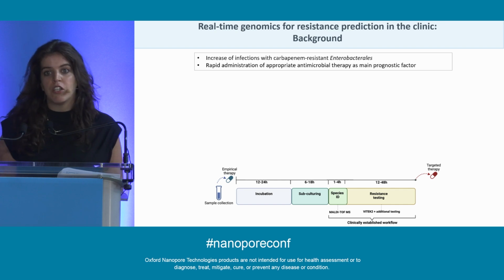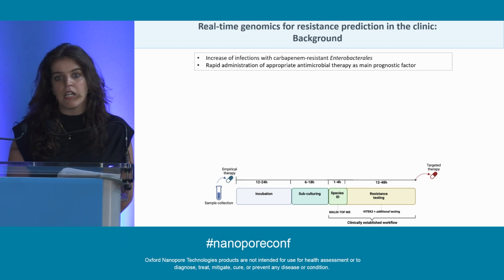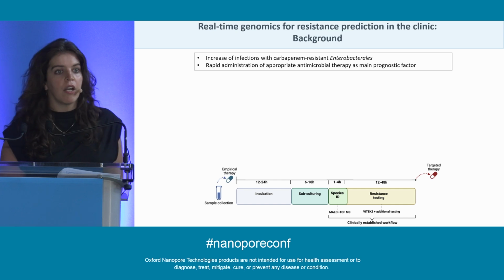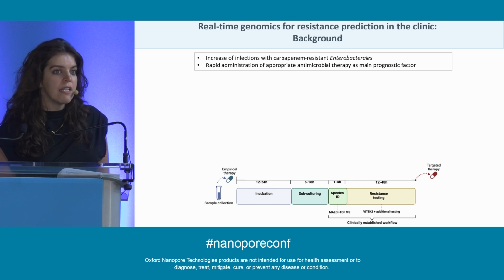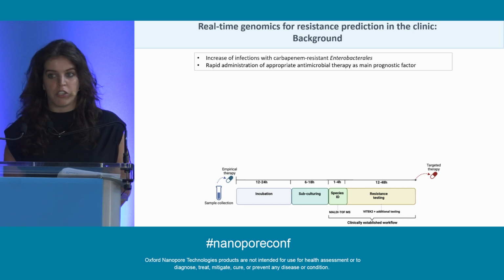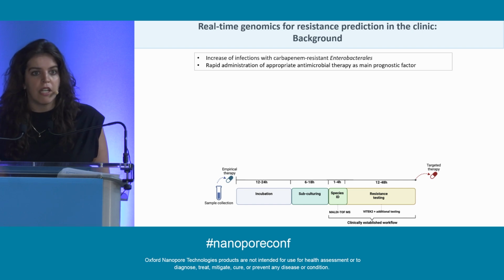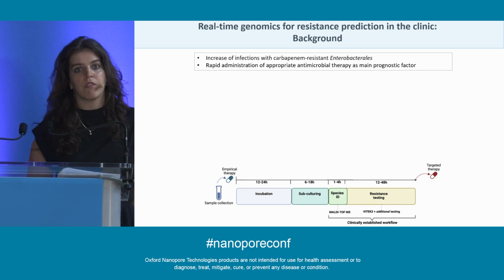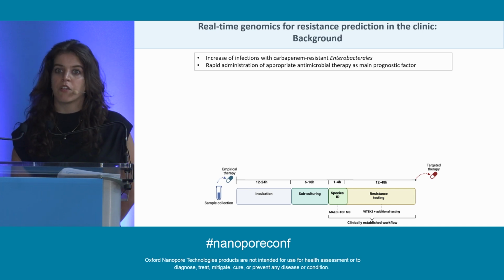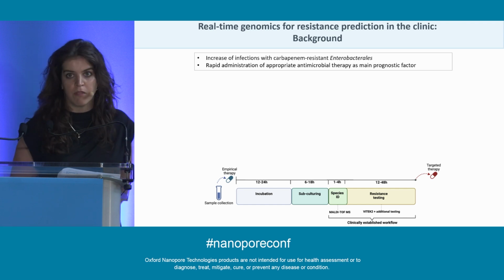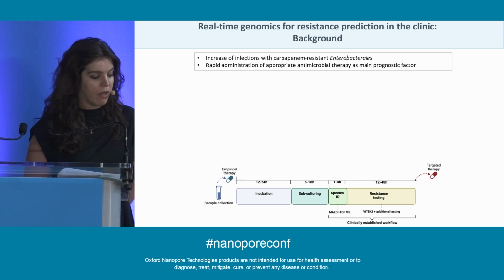Current established culture-based diagnostic approaches still rely on bacterial growth and face several bottlenecks, such as turnaround time and culture bias, and may miss key resistance factors. So I've shown here our culture-based diagnostics approach at the University Hospital of Munich, and it might be similar in other hospitals as well.